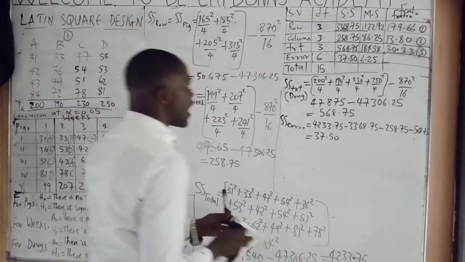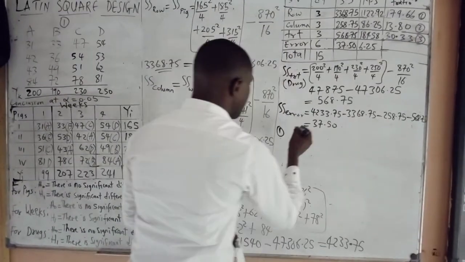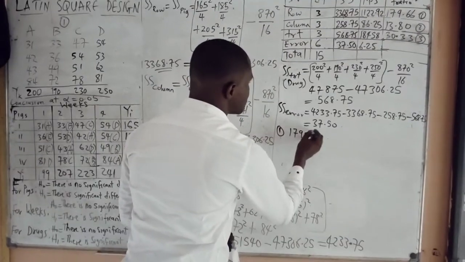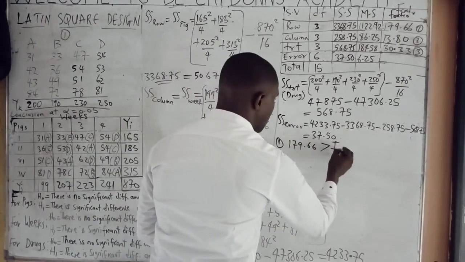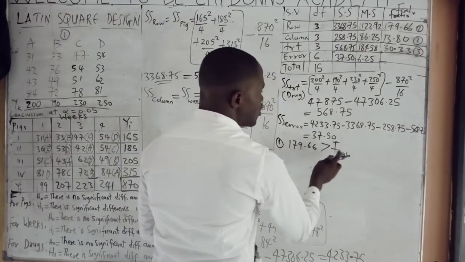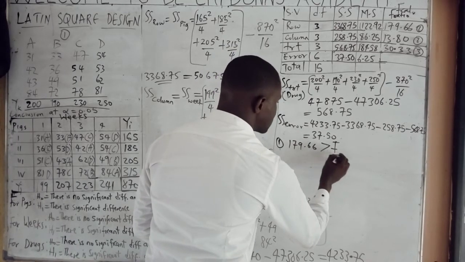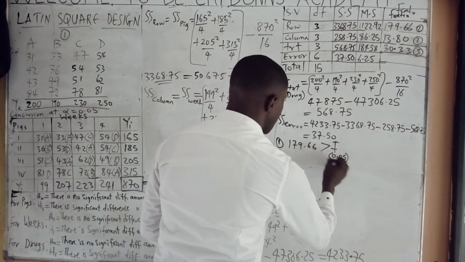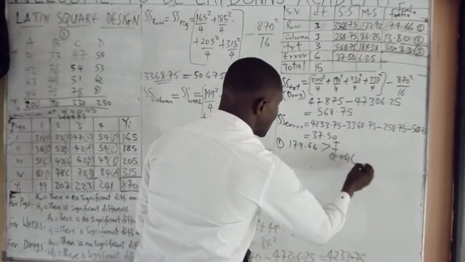I will now say my conclusion is, test the first one. You have 179.66. Are you greater than F table? How do you get your F table? You get your F table at alpha 0.05, because they say test at alpha 0.05.